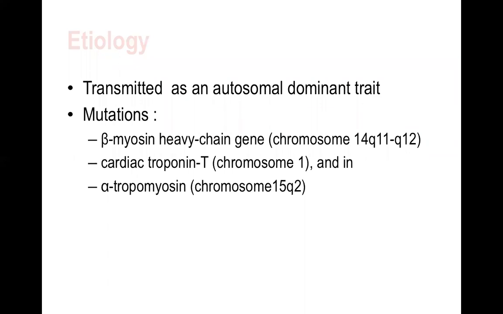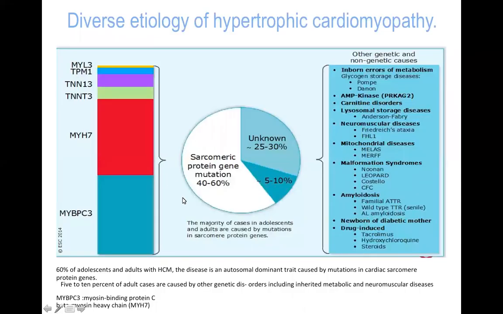So now the etiology of HOCM. HOCM is transmitted as autosomal dominant and is caused by genetic mutations, and there are other non-genetic disorders. Mutations involve beta myosin heavy chain, cardiac troponin, chromosome 1, and alpha tropomyosin.